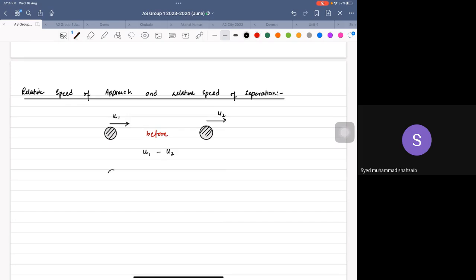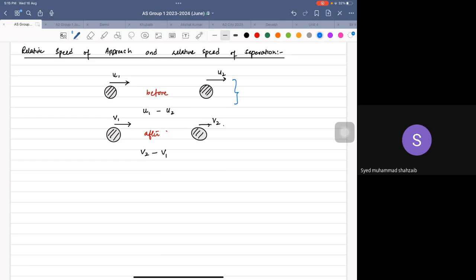Afterwards, this changes to v1 and this changes to v2. So we must understand that afterwards the speed is going to change like this: v2 minus v1.